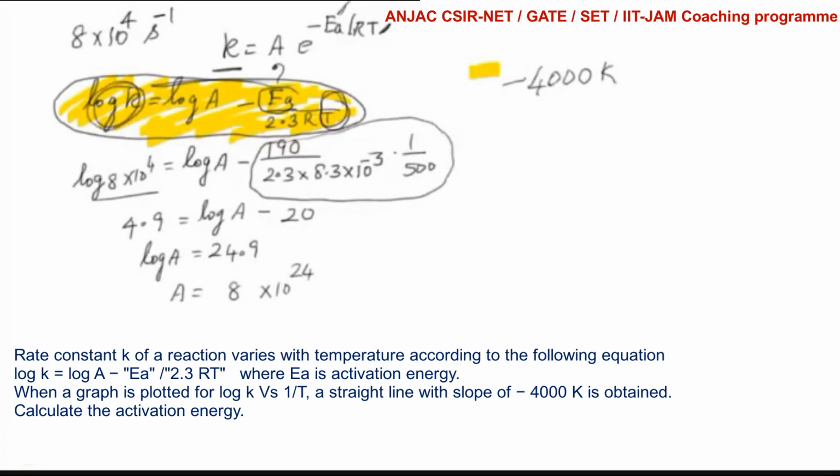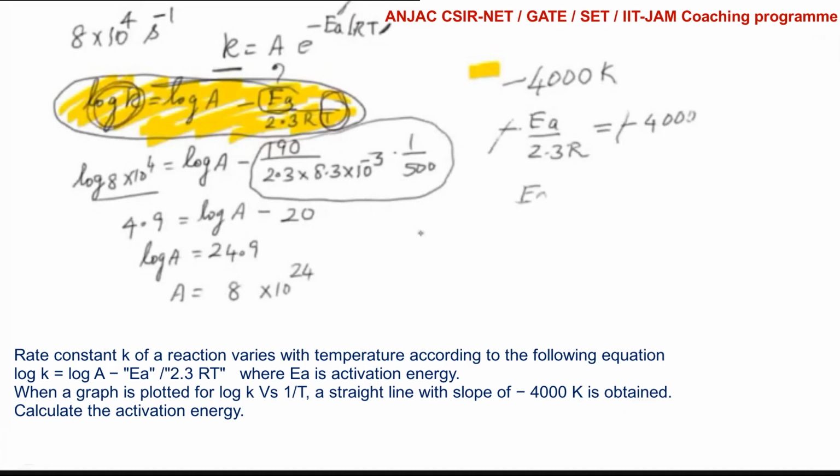The slope of the straight line is equal to minus EA by 2.3 into R. This is the slope of the straight line, equal to minus 4,000. Therefore, what is EA? Minus and minus cancel.